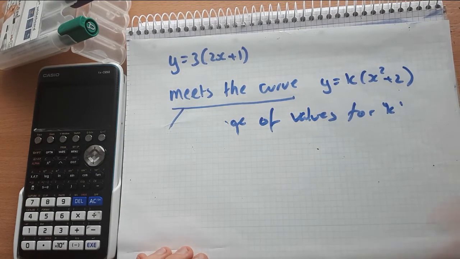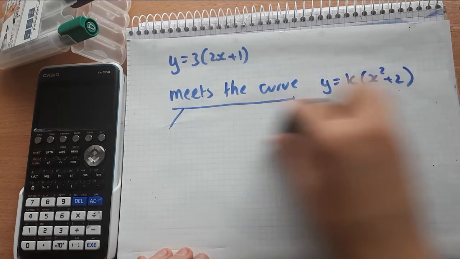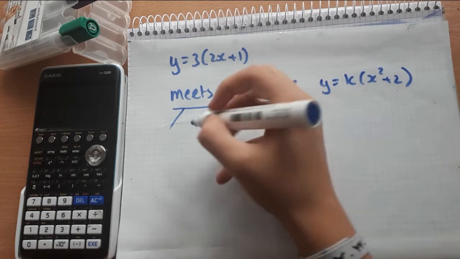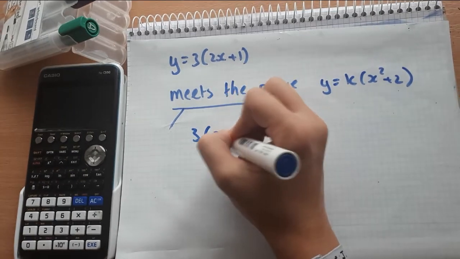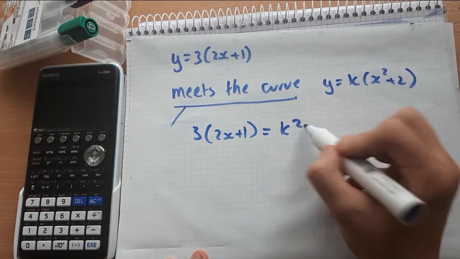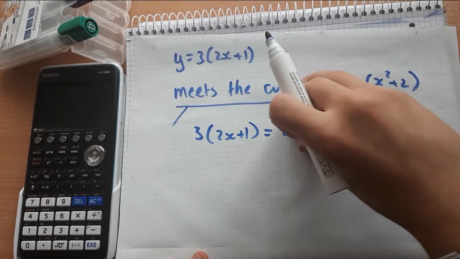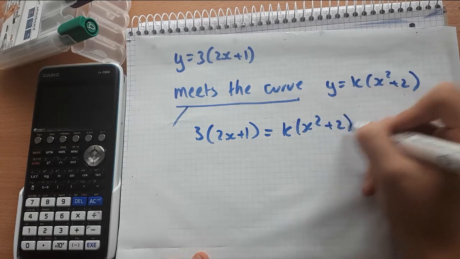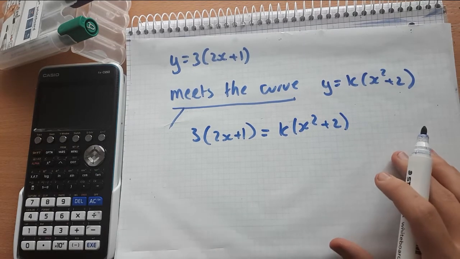So we're looking for the range of values for k. I'll just rub that out. We just need our two equations. We're going to equate them. Nope, that is wrong. kx squared plus 2k. Then we expand and collect.